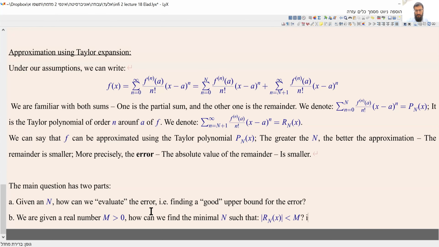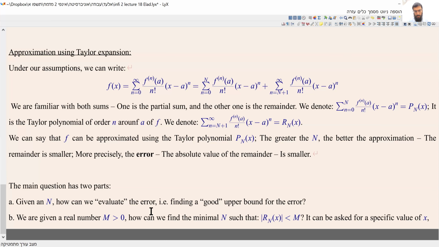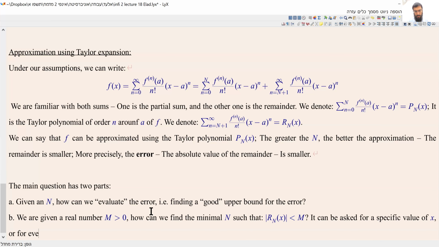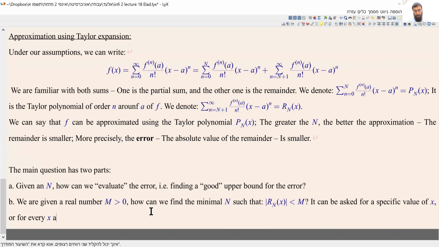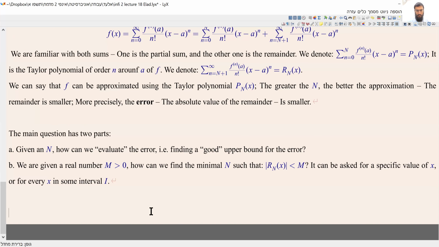It can be asked for a specific value of x or for every x in some interval. That's an example of the question.